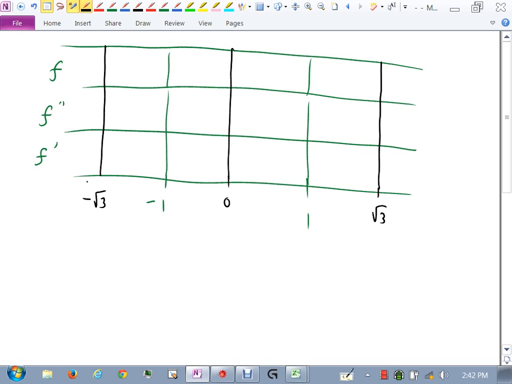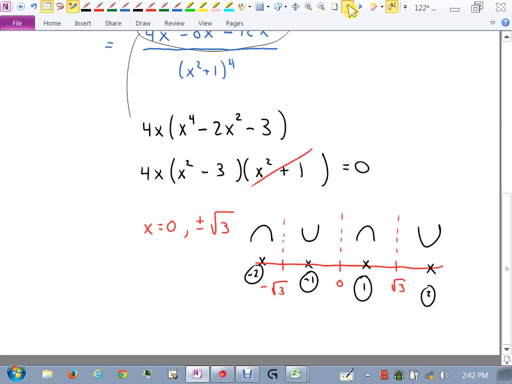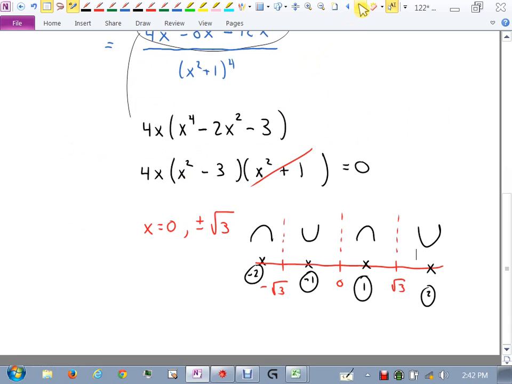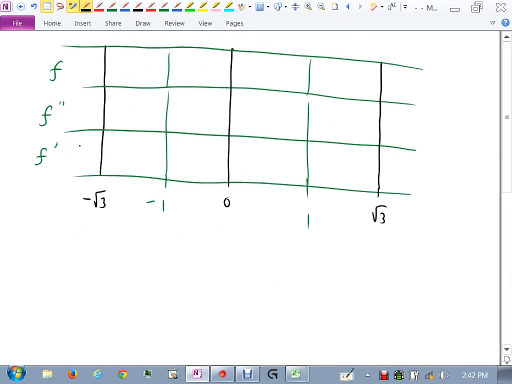The first derivative told us we were going, what? Down till we got to negative 1, up till we got to 1, down forever the rest of the way. So down, up, down. So it goes down, then I get to negative 1, up, get to 1, goes down. The concavity said I was concave down, then up until I got to 0, then down till I got to root 3, then up.